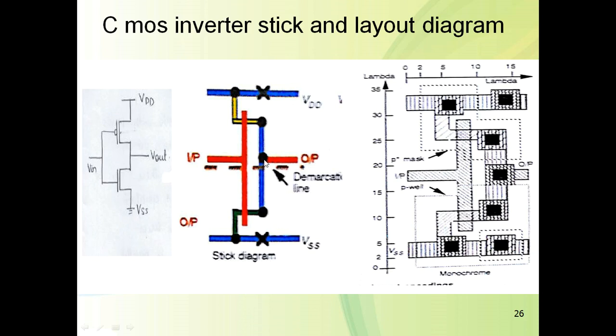So the drains of the two transistors are connected using metal. For the output, there is again a connection between metal one and poly, because input is taken on poly and output is also taken on poly.